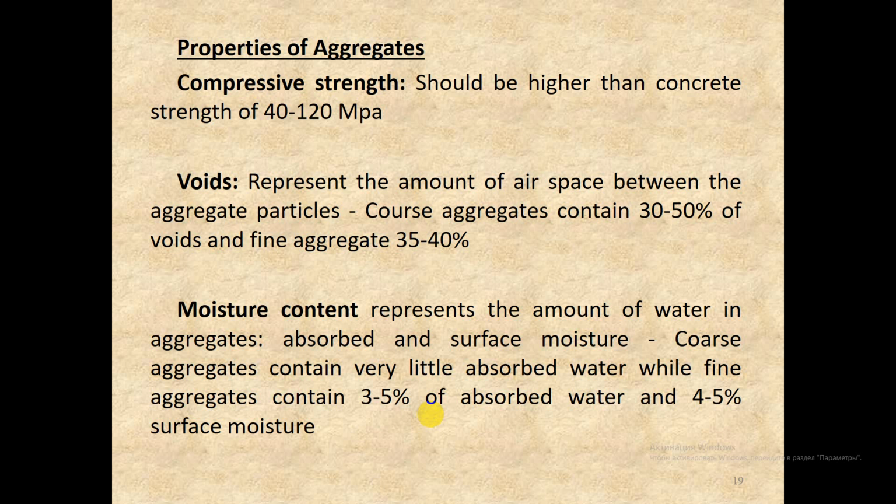Moisture content represents the amount of water in aggregates, absorbed and surface moisture. Coarse aggregates contain very little absorbed water, while fine aggregates contain 3–5% of absorbed water and 4–5% surface moisture.